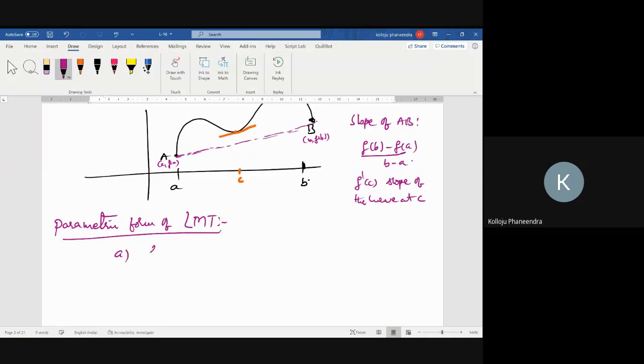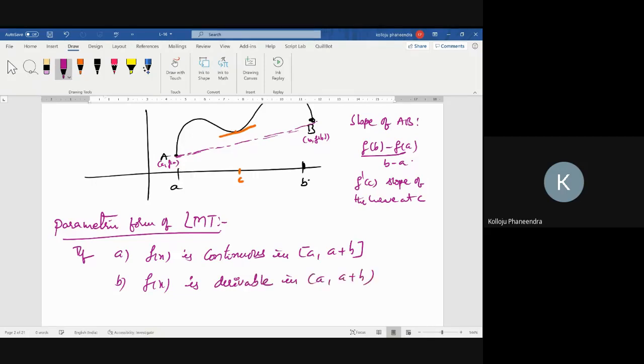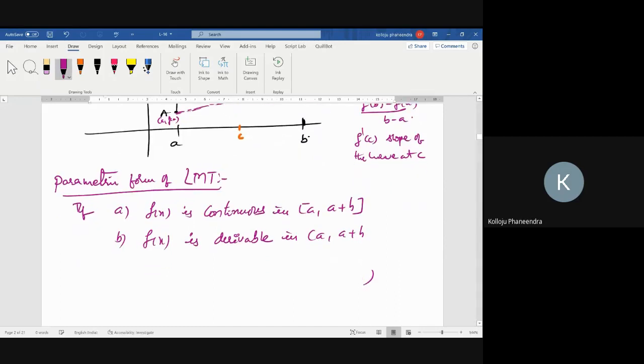First condition, if f of x is continuous in the closed interval A comma A plus h, f of x is derivable in the open interval A plus h. That's it. In place of B, A plus h.